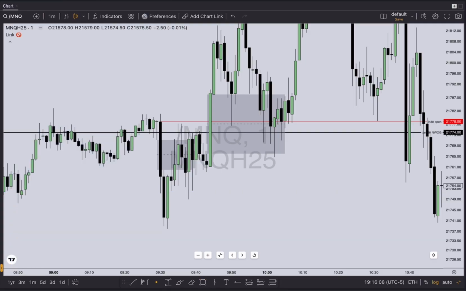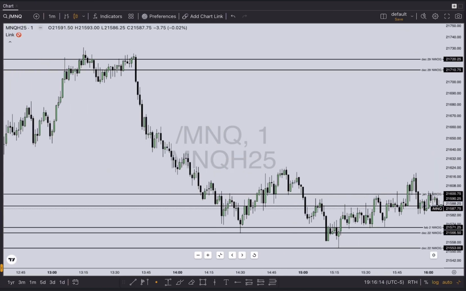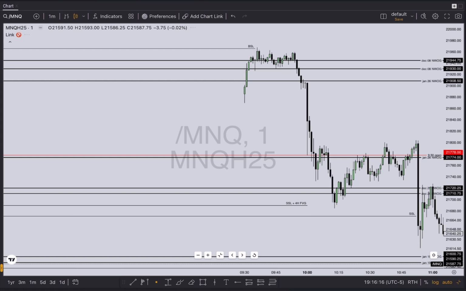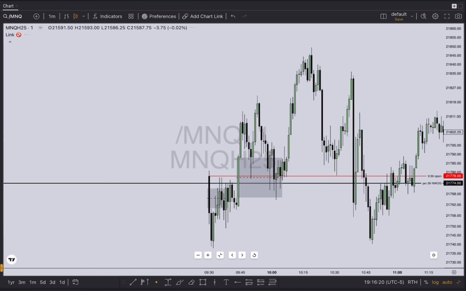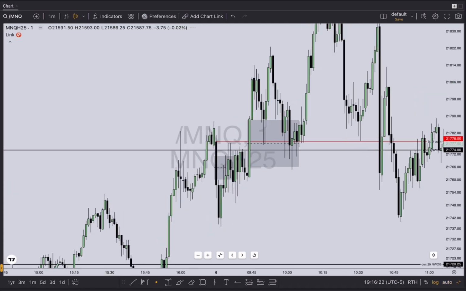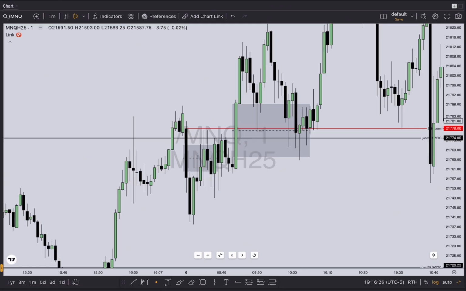So if we go and look and toggle to regular trading hours, so here we're on regular trading hours, and if we look, this is the 4:14 candle, and this is the 9:30 candle, right?